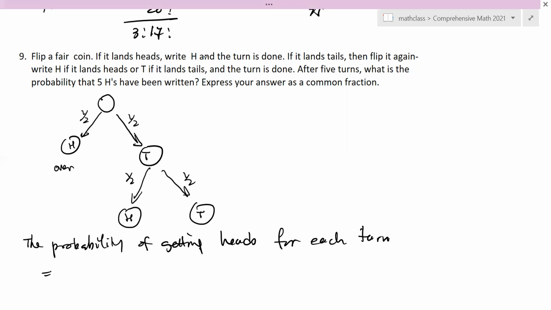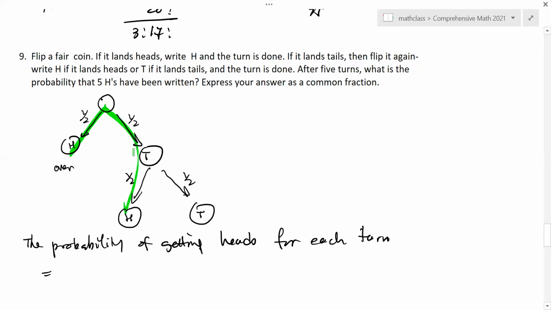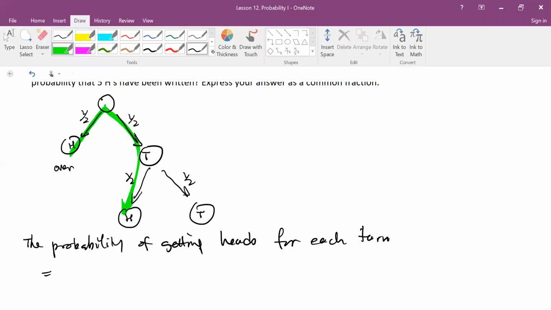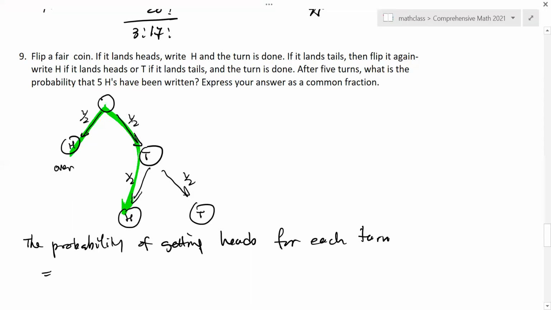This is a tree, so you either get this or get that. You apply the addition rule here, then the product rule. To get the H along the second path, the probability is 1/2 times 1/2. So the total will be 3/4.